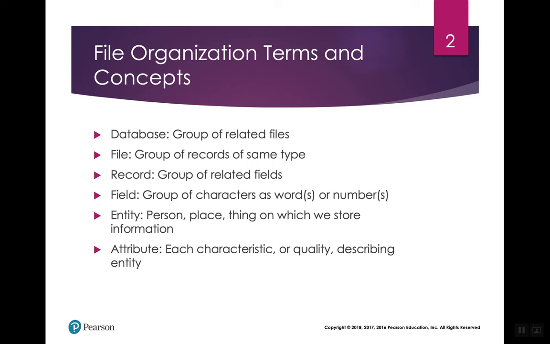An entity is the same thing as a table, and an attribute is the same thing as a field. We'll see it as we go forward. You've got the theoretical basis, entity and attribute, versus table and field, which is the physical or logical implementation of it.